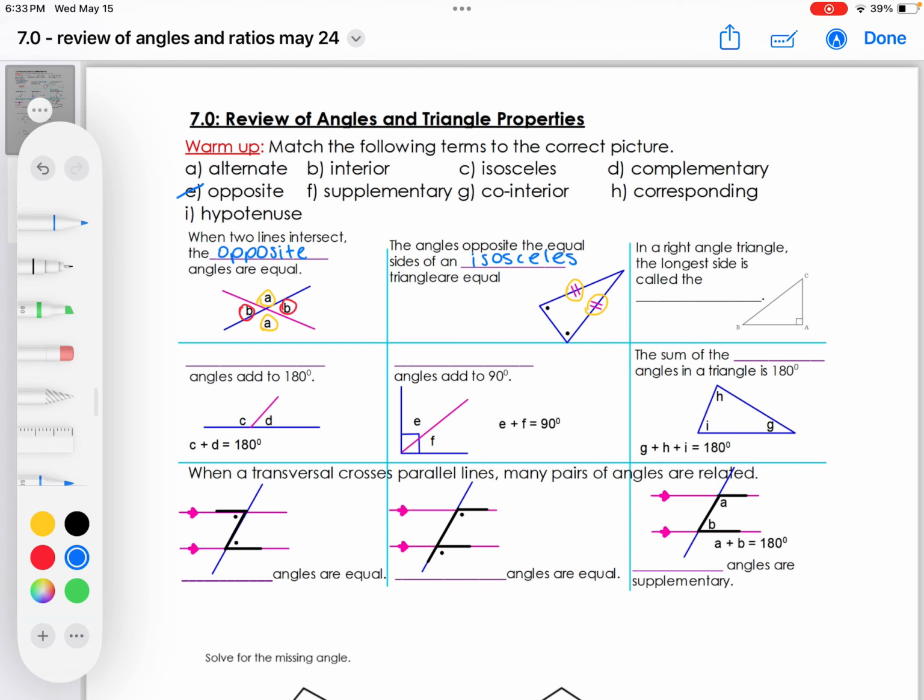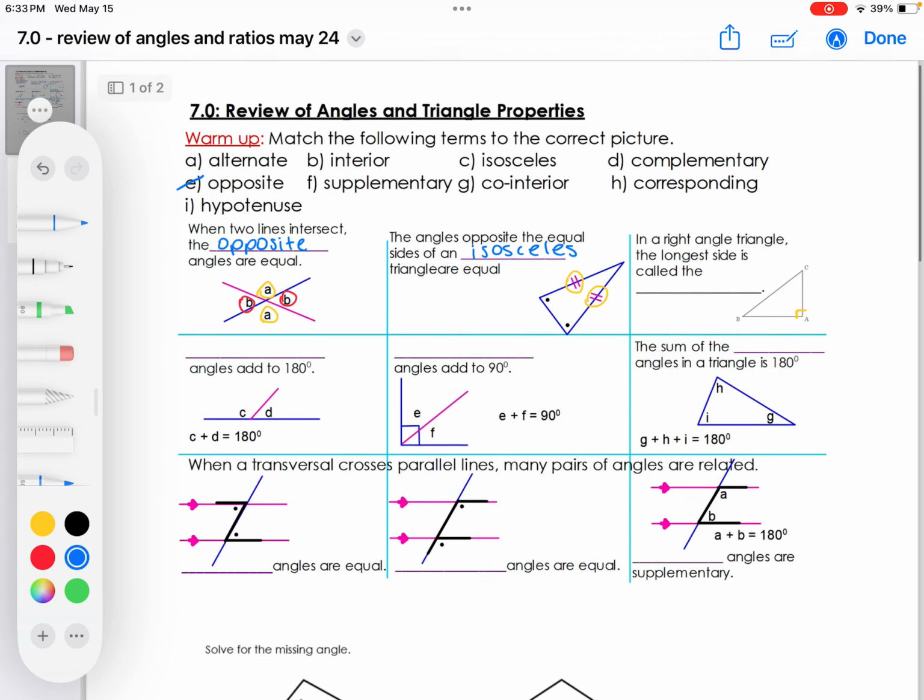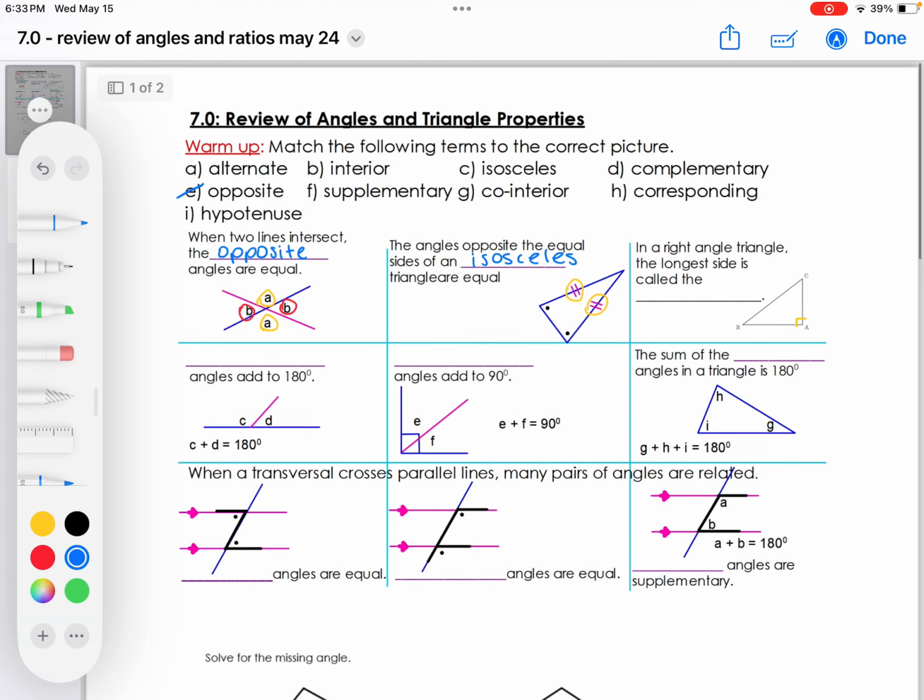And so the last blank in that row, it talks about a right angle triangle. And how did I know it was a right angle triangle? Because we have this square here. Technically that's angle A, but it is a right angle. So then the hypotenuse, the longest side in the triangle, or sometimes we talk about it being the side opposite to the right angle, is called the hypotenuse.